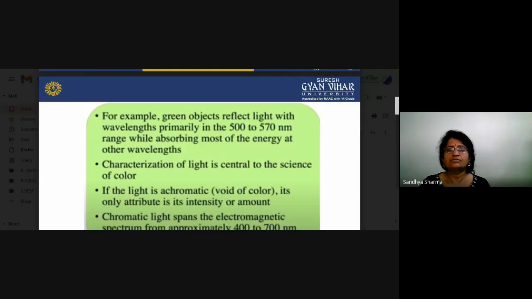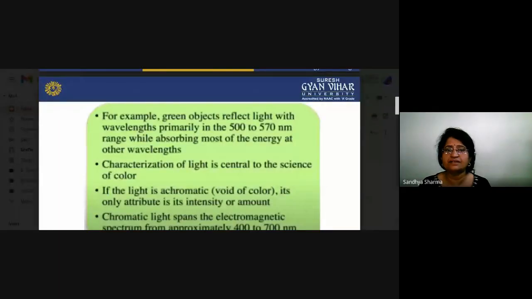So if we have white light, there may be some. Just suppose green objects. Green objects reflect light with wavelengths primarily in the range of 500 to 570 nanometers, while absorbing most of the energy at other wavelengths.